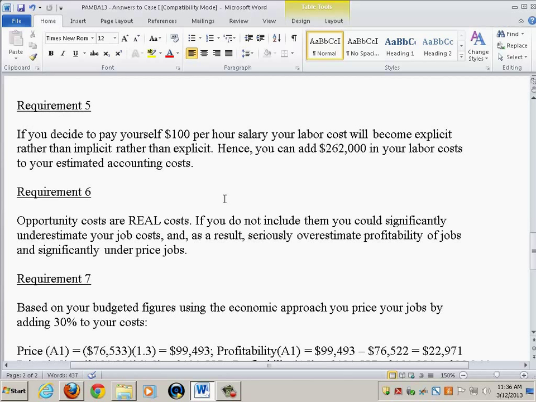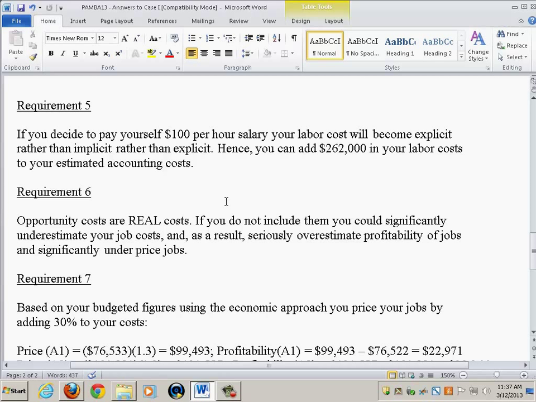Now, requirement 5. Requirement 5 says, what if you decided to pay yourself a salary of $100 per hour for the hours that you worked in travel?